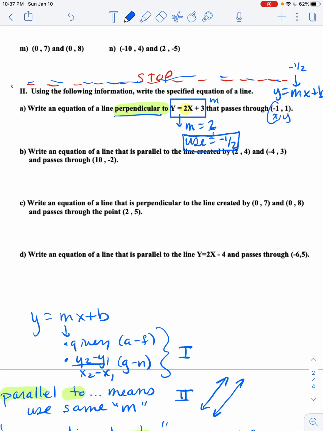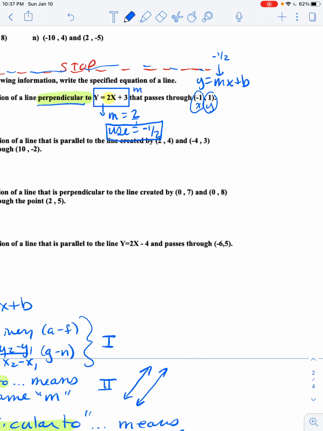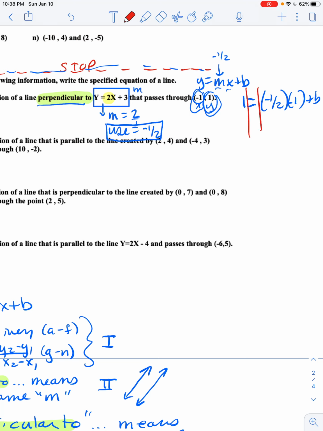I know my x value and my y value, and I can plug those numbers in to find b. So for y, I put in my y value, equals m, I put in my m value that I just found. For x, I put in the x value that they gave me. Oops, that's negative. And then plus b. So now I bust out my skills from earlier in the year, and I think, okay, I have to multiply these together. Negative 1/2 times negative 1 becomes positive 1/2.